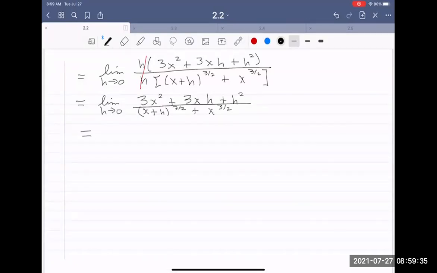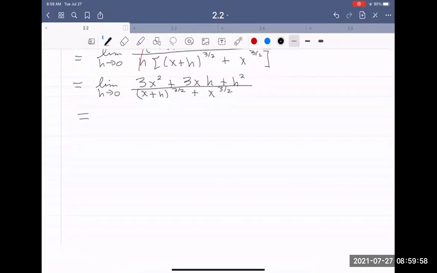Let h go to 0. So these two terms disappear, and so does this term. What I have remaining is 3x squared in the numerator and x to 3/2 plus another x to 3/2 in the denominator.